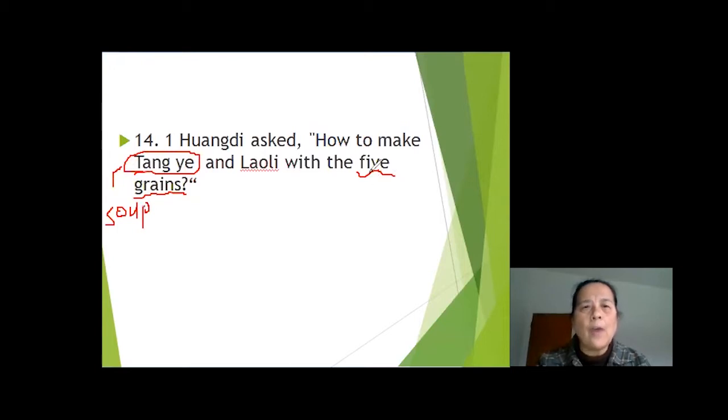So we have 5 different kinds of grain. The idea of the 5 different grains may differ, and people's explanations differ. Some explanations talk about soybean being one of them.